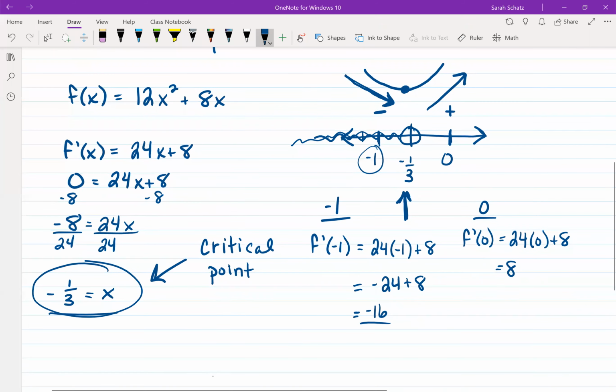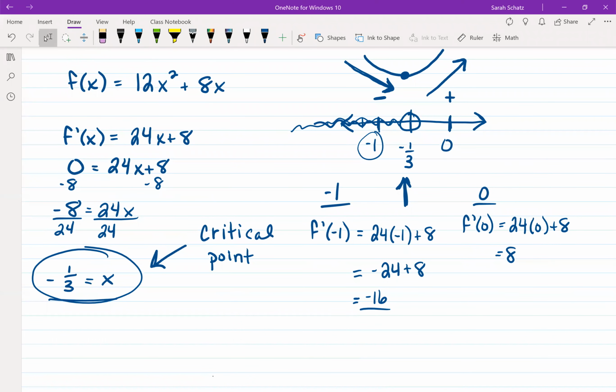So let me show you ways you're going to need to write your answer, or what they're going to ask for. They might say, are there any local minima? If they call it minima, that's just plural. They don't want to tell you if there's one or more than one. They don't want to give that away.